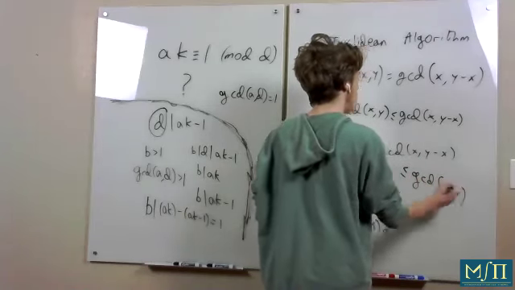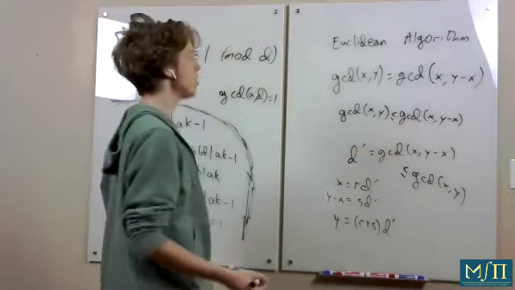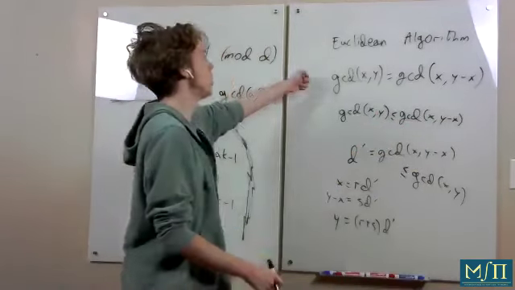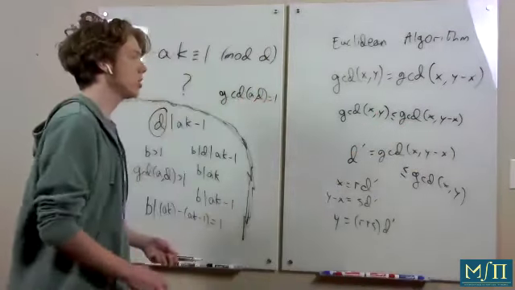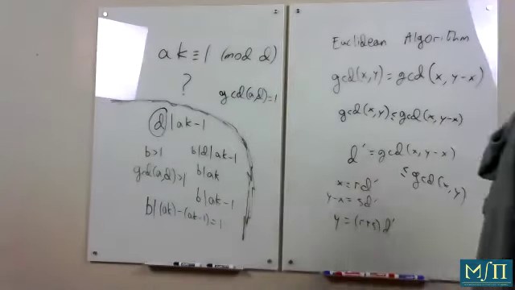And now we have these two numbers, each of which is less than or equal to the other, so they must be equal. So we get this idea of the Euclidean algorithm.